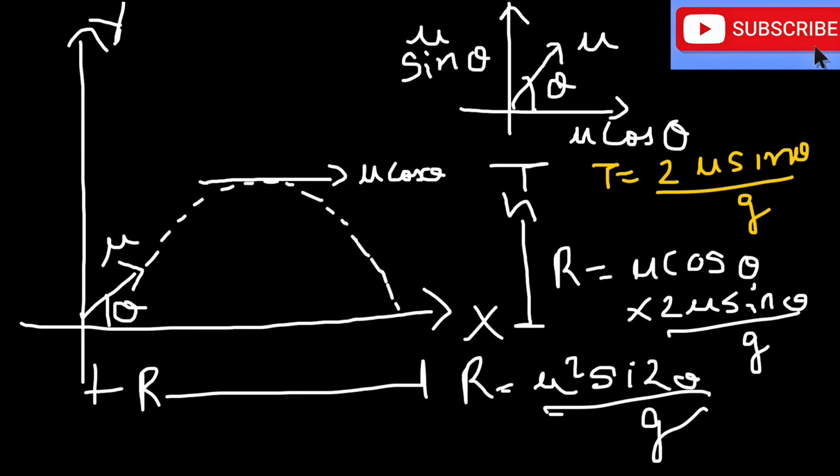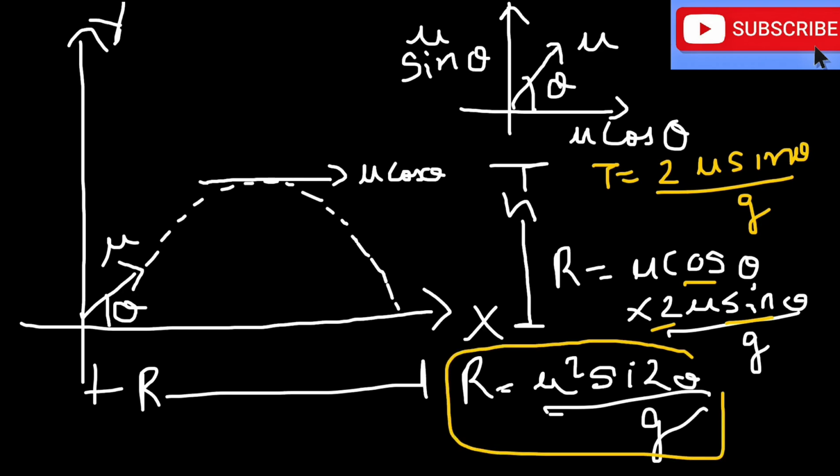So yes guys, this is our expression for the range. The sin 2 theta came because of the trigonometric formula 2 into cos theta into sin theta equals sin 2 theta. So the horizontal distance that the projectile will cover is u squared sin 2 theta upon g.